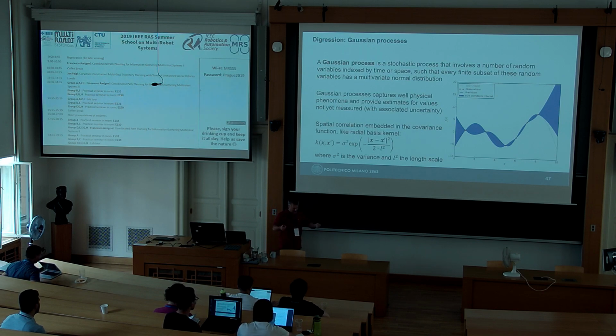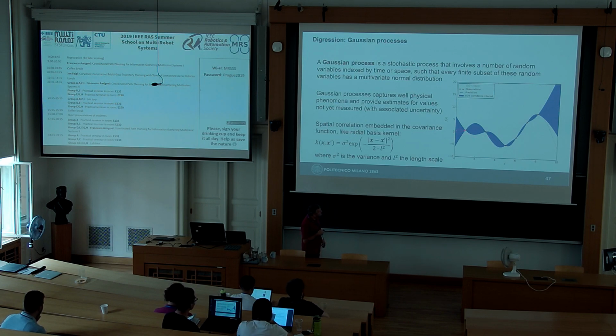So they are ways for capturing physical phenomena happening in space, and here I show a very, very simple example with one dimension. Of course, you can have 2 or 3 dimensions. Okay, the representation just becomes more complex, but the idea is still the same.